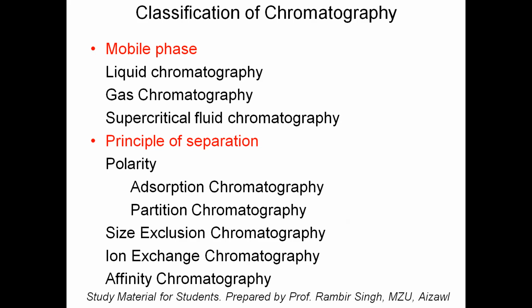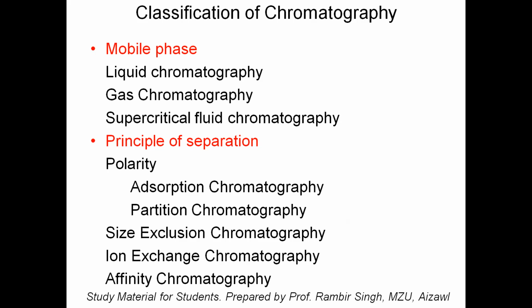Suppose I want to separate an enzyme from a cell sap. In the stationary phase, I will take its substrate, which will be the ligand, and attach it to the stationary phase. Out of the protein mixture, only the specific protein will attach to its ligand, and the rest of the proteins will be flushed out.